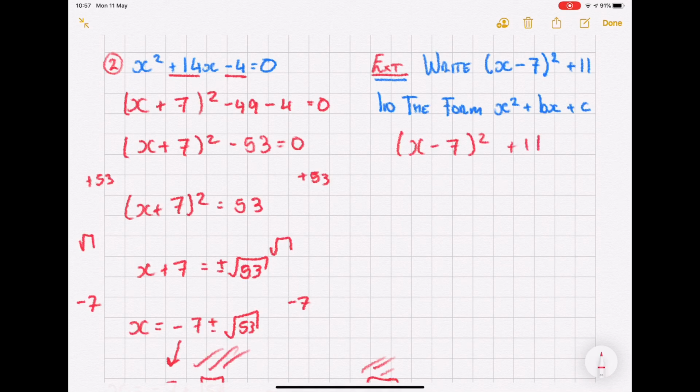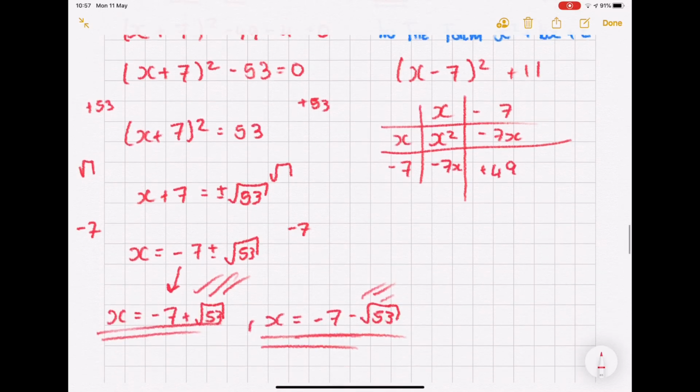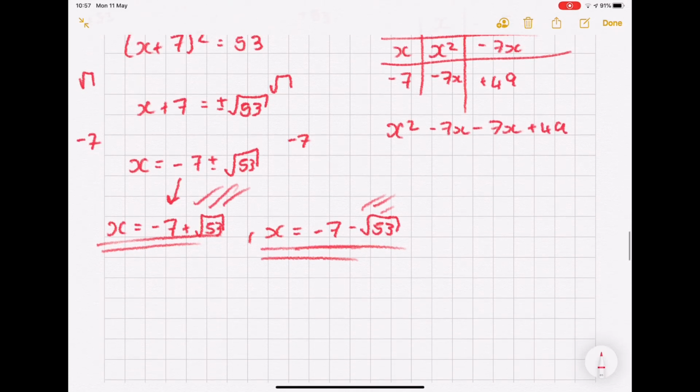So x minus 7 all squared: x squared minus 7x, minus 7x, plus 49. So if we were to rewrite that, we'd end up with x squared minus 14x plus 49.